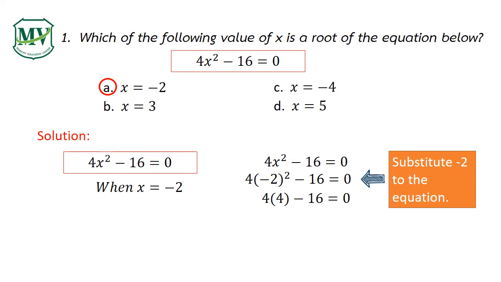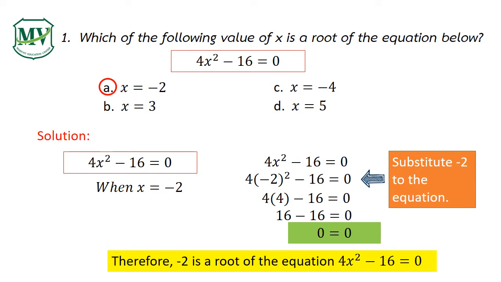So it will become 4 times the quantity of 4 minus 16 is equal to 0. 16 minus 16 is equal to 0. Then 0 is equal to 0. Therefore, negative 2 is a root of the equation 4x squared minus 16 is equal to 0.